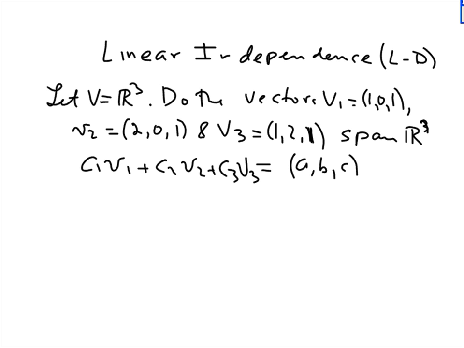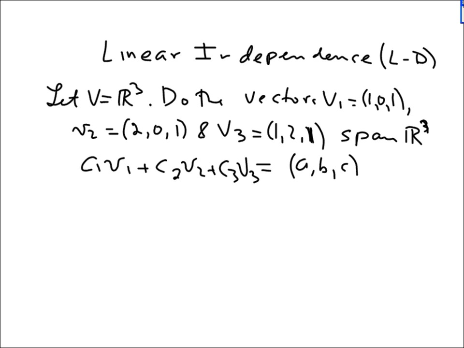That is, can I always find C1, C2, and C3? That is, will they be well defined?